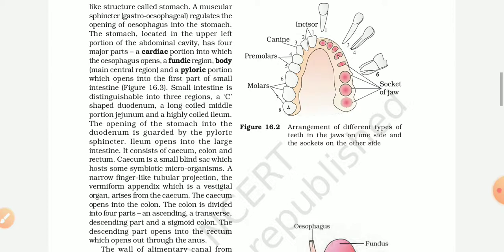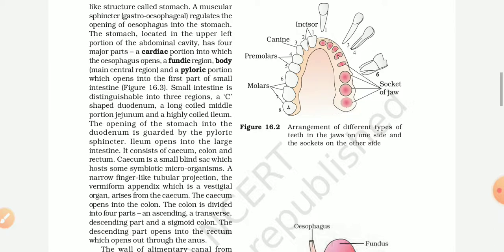It is called a small blind sac because it looks like a sac, and at the ileocecal junction it has sphincters that remain closed and it is invisible.